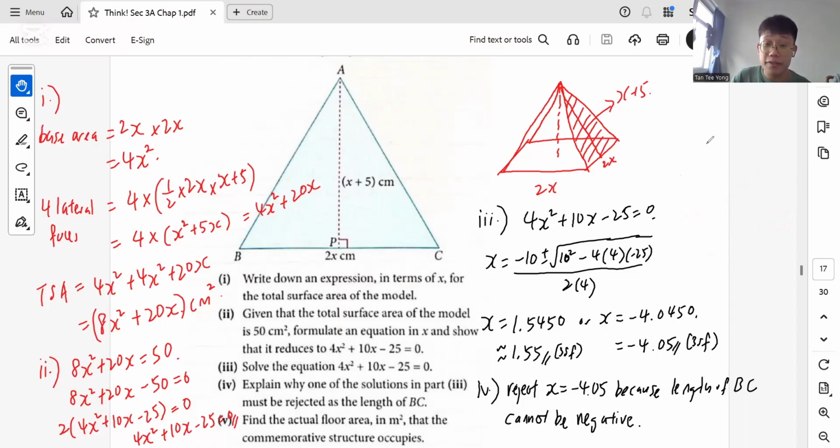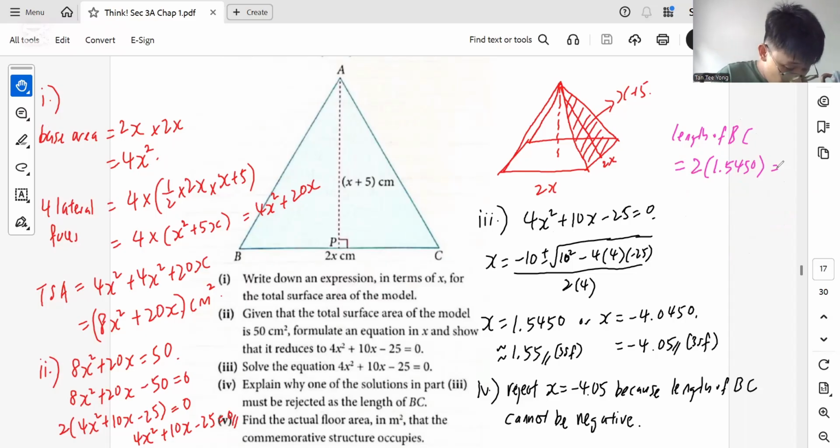So the length of BC is actually 2 times 1.5450, which is 3.09 cm, because the scale is 1:100.